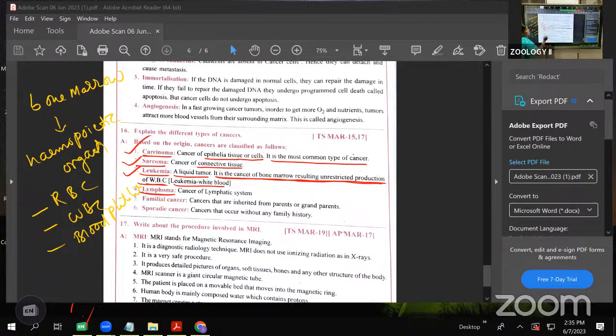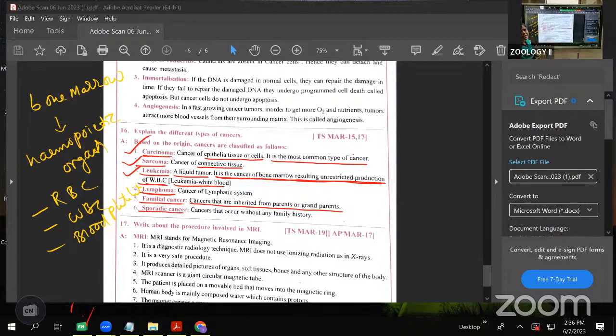Next are the familial cancers. Cancers that occur within the family, inherited from the parents and grandparents, we call familial cancers. For example, if the grandparents had cancer and the next generation can get it, that is called familial cancer. Next, sporadic, without family history.